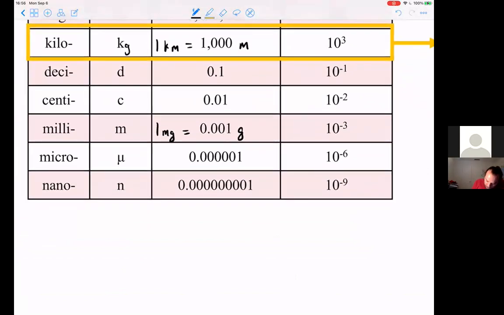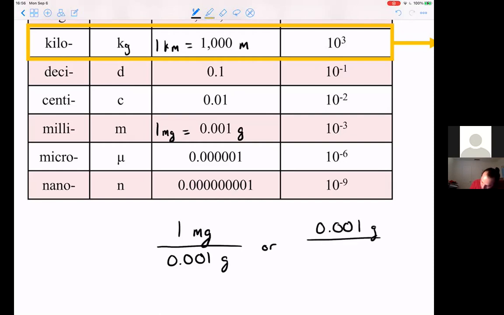So I'm going to use that information to create a conversion factor: 1 milligram over 0.001 grams, or 0.001 grams over 1 milligram.